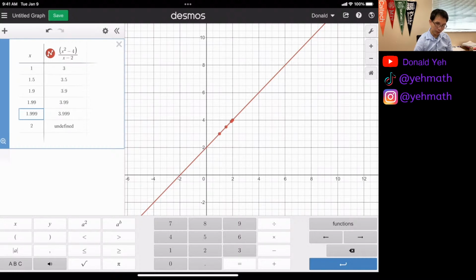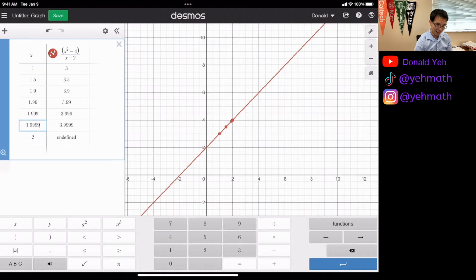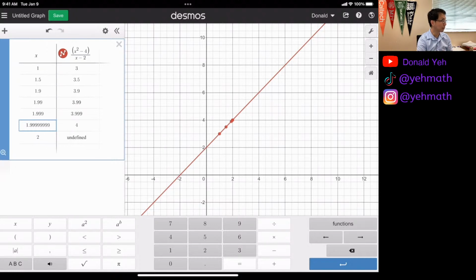and 1.9999. Do you see that value eventually is going to what? 4, right? 1.99999. And the more 9s I add, what will happen? It will eventually go to 4 because the calculator can only go so far. So eventually it's roughly 4, even though it's undefined at 2.